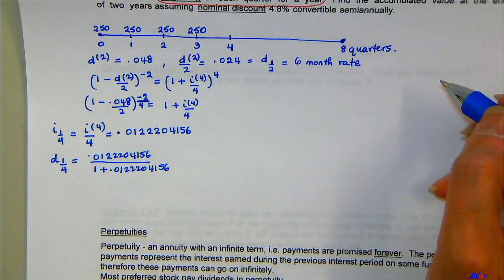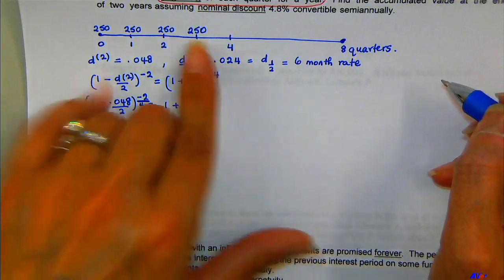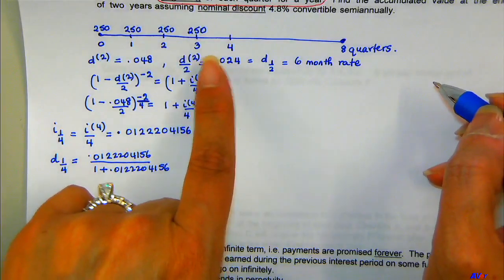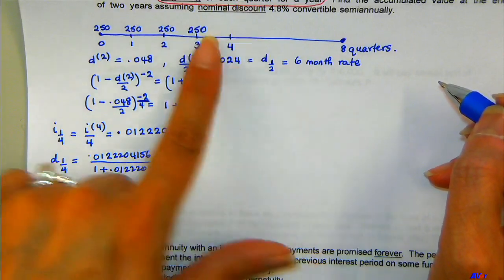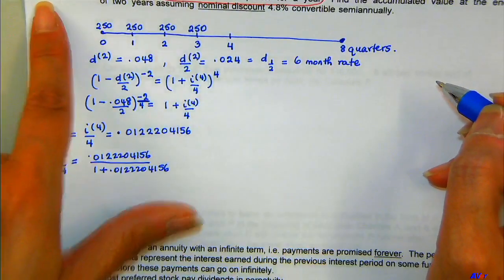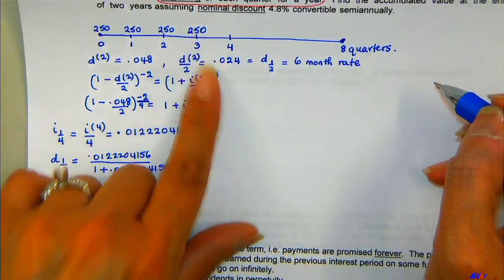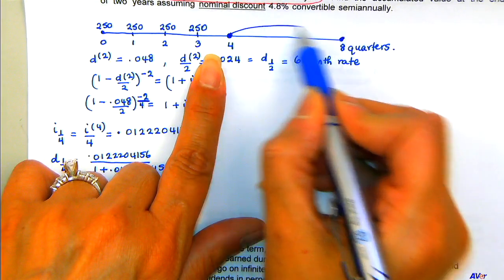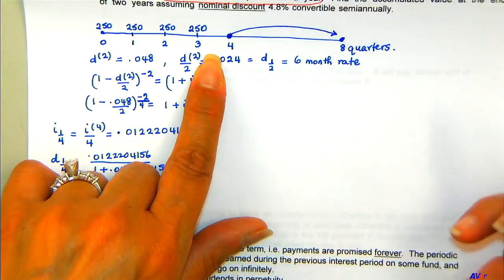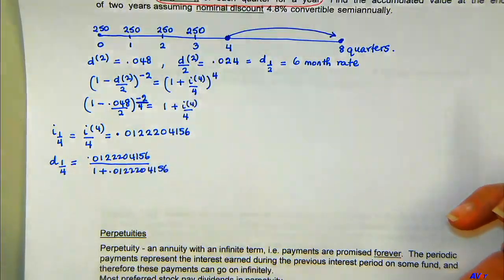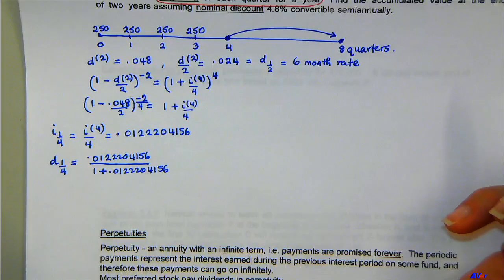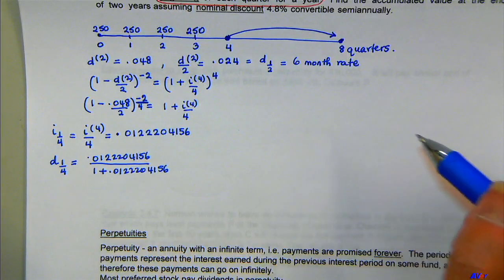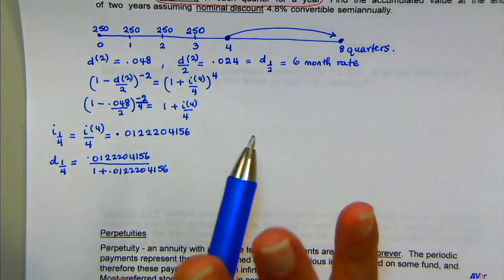Find the accumulated value at 4 and then accumulate it to 8. Yeah. You see, I can't say 250 S double dot angle 8 because there are only 4 payments. So I better take these 4 payments, get the value here, and then I will grow that to 8. I certainly cannot say S double dot angle 8 because that would imply that there were 8 payments of 250. And there are not 8 payments. There are only 4 payments of 250.